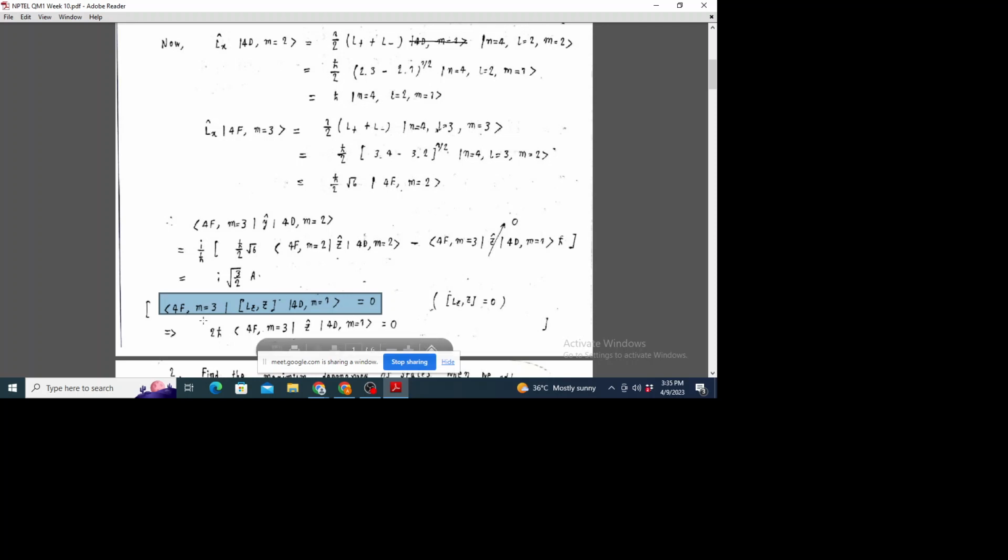Nothing to think about. And then expand the commutator, and then you will get two results that you have to subtract one from another, and you will get 2h cut 4f m equal to 3 and 4d m equal to 1, sandwiched between them is z cap, and this total thing is equal to 0, and that means this matrix element has to be 0. So this is easy proof.